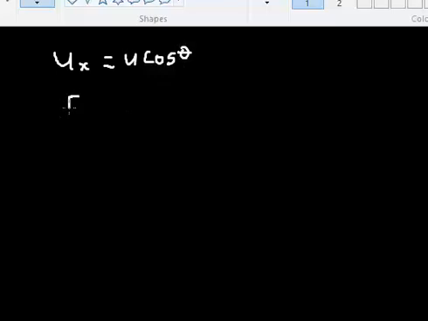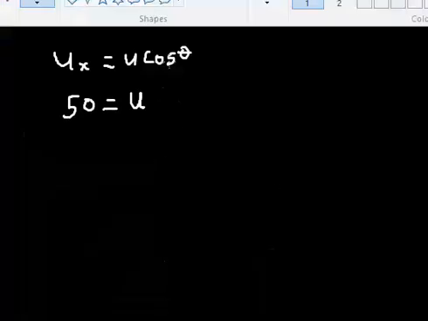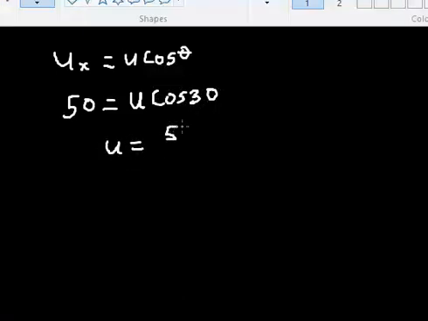Since the horizontal component is 50 and we are looking for the initial velocity u, with the angle being 30, that's cos 30. So u is equal to 50 divided by cos 30.